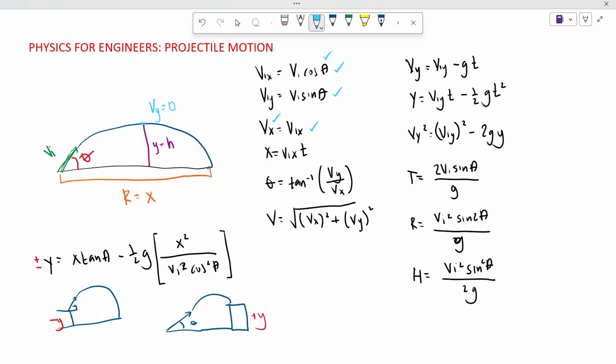And the x, which is the range, is equals to Vix times t, the time, multiplied to Vi cosine theta. And to find the angle theta, it is equals to inverse tangent, arctan of Vy all over Vx.